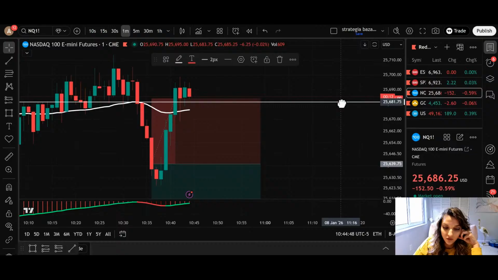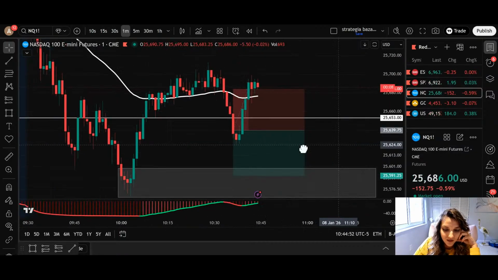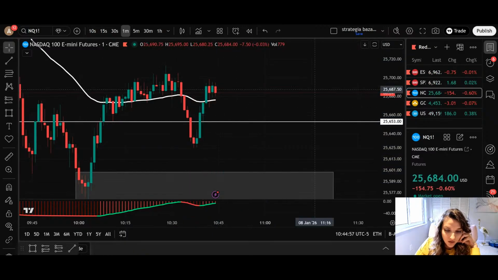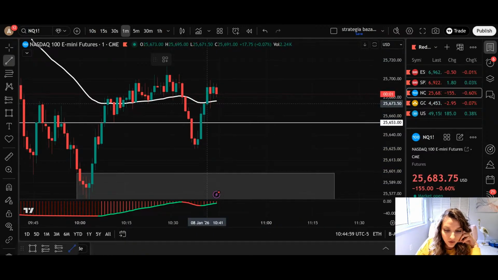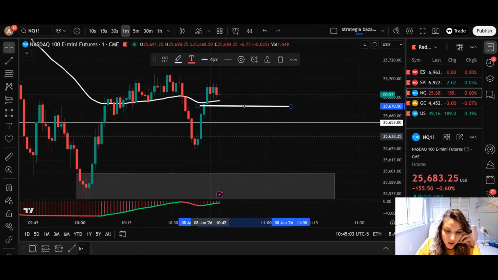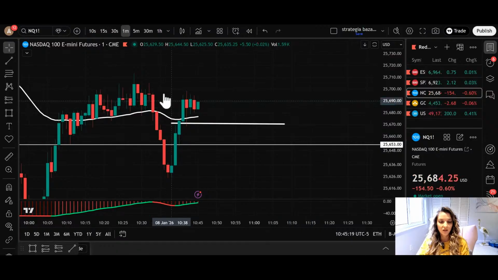You wanted to go short, you see? It did not. And now it gives me the rejection from below. Not really, because it's 1, 2, 3. Now, if this candle breaks below, I consider it a rejection. If not, I just consider it dancing around. Probably it's going to keep dancing around like here.